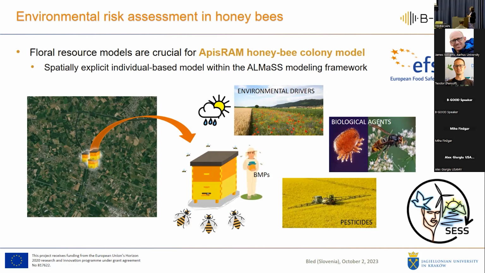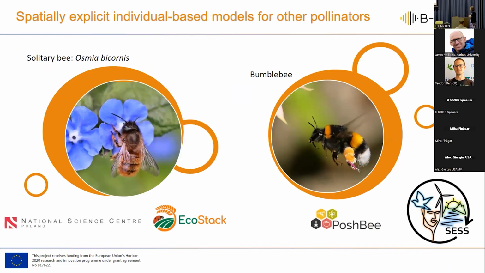But it is also important to say that ApisRAM is not the only model that is using the floral resource models that we have developed. Within the ALMaSS modeling system, the Animal, Landscape and Man Simulation System, besides ApisRAM, the model for the honeybee colony, we also have a model for the solitary bee Osmia bicornis, and also a model for bumblebee.